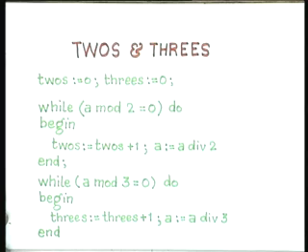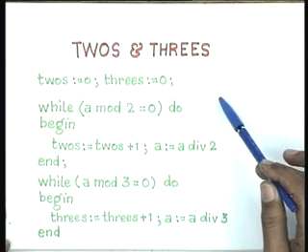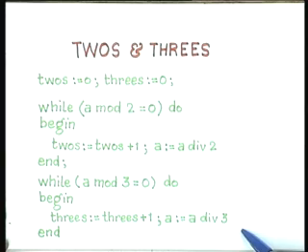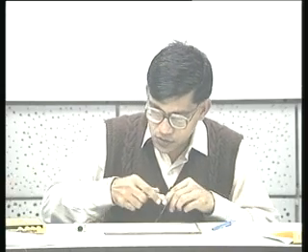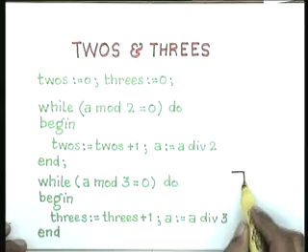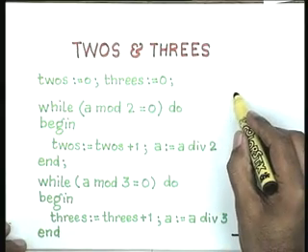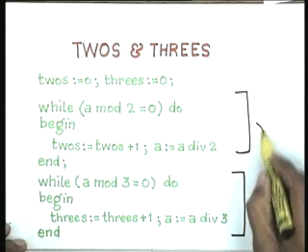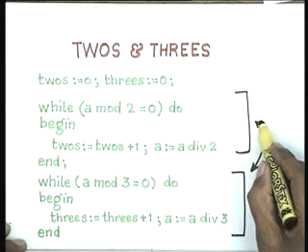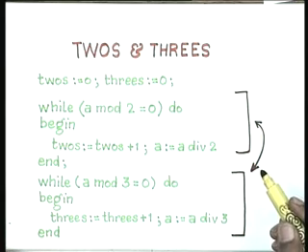So, now if you look at this, there is an equivalent program, of course, in which I could have flipped these two while loops, and it would not have mattered at all.